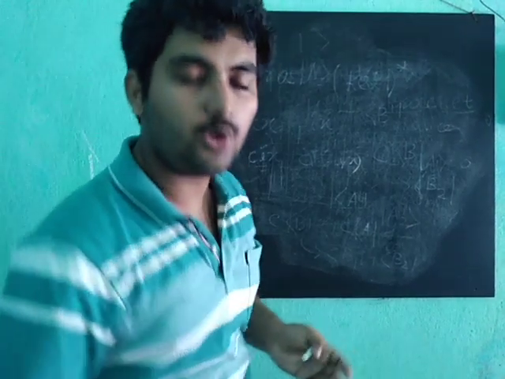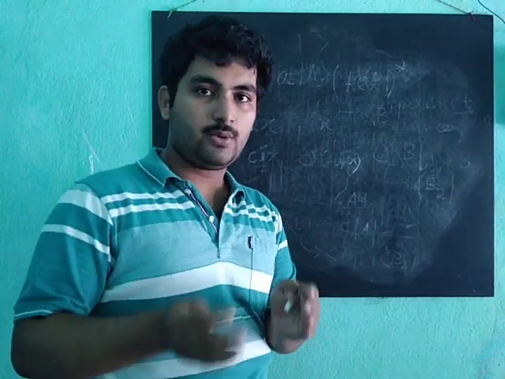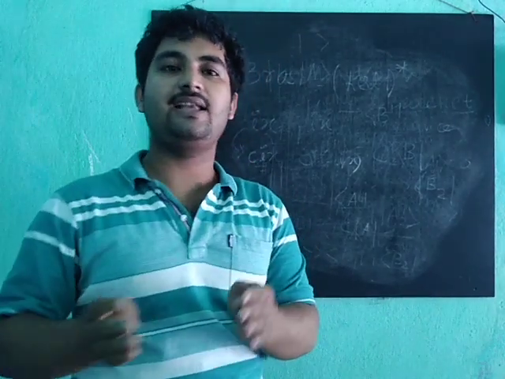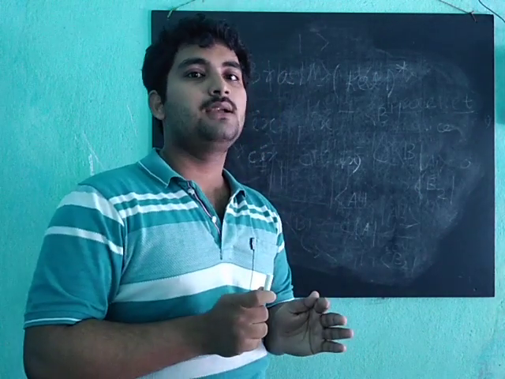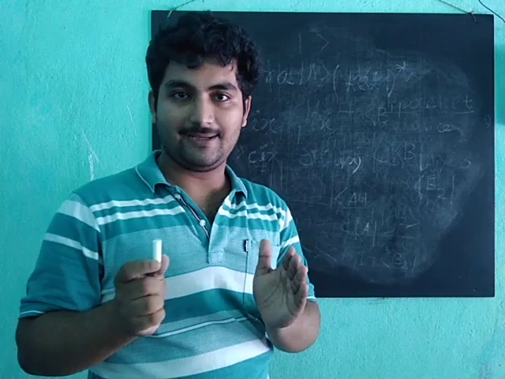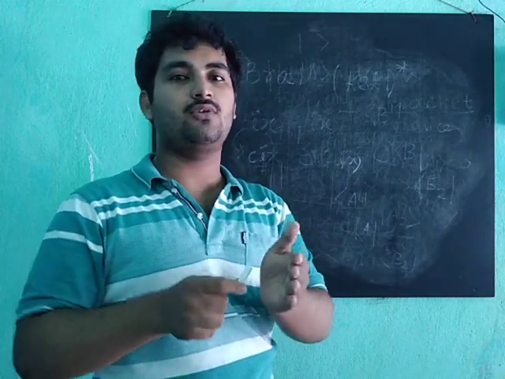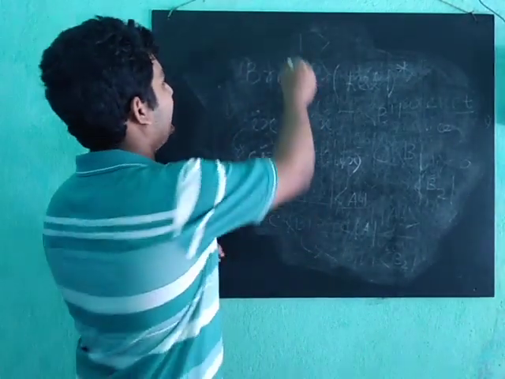Now, I have told you that the bra vector and ket vector are complex conjugates of each other. Now, you may think that the bra vector and the ket vector are like complex numbers. But they are complex numbers, obviously, but they are not like ordinary complex numbers. Why is that? Suppose I have a complex number z.